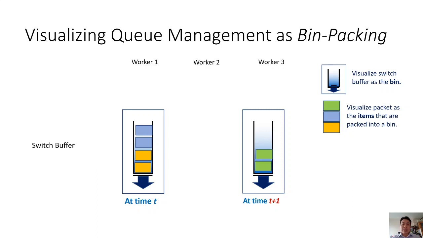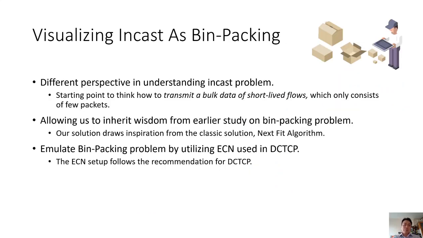In a way, the switch buffer can be visualized as a bin, and the items, the packets here, can be visualized as items that need to be packed into the bin. So visualizing the incast problem as bin packing gives us a different perspective in understanding it. At least it gives us a starting point to think of how to transmit a bulk of data of short-lived flows, which usually consist of just a few packets.